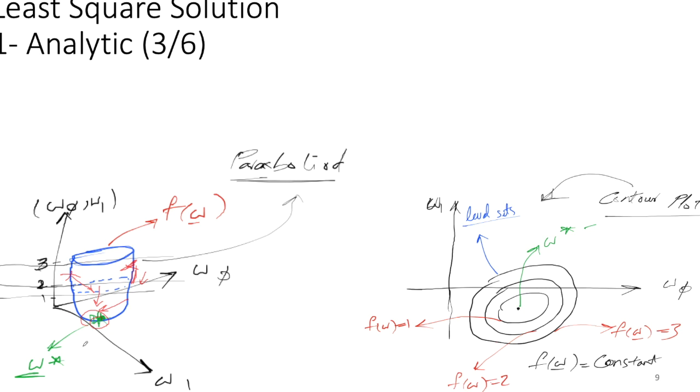That's what it would look like if you take a look at it from the top. Each of these f of W values is a constant number, which you can see here, here, and there. So in a 2D space, your W star would be in the middle of that.